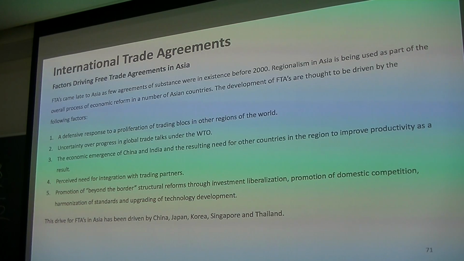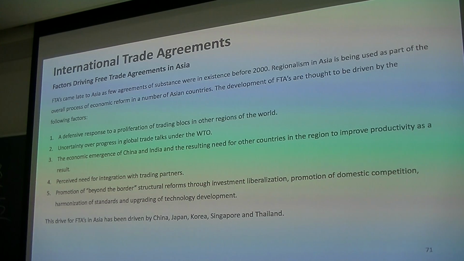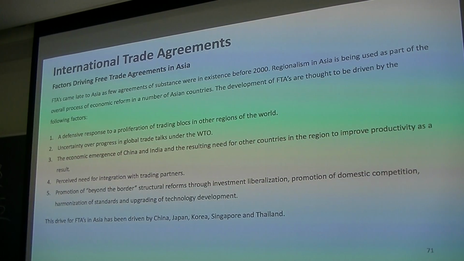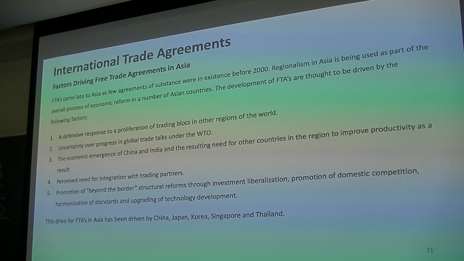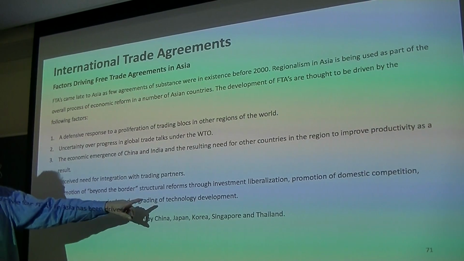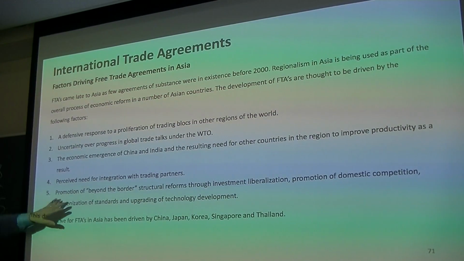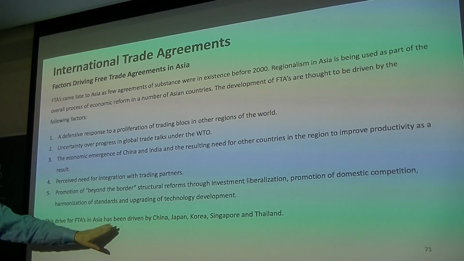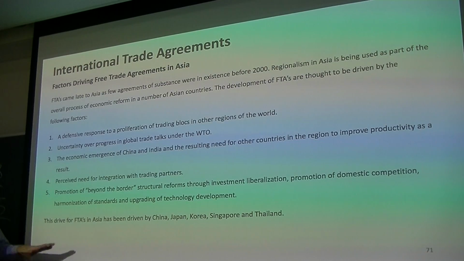Certainly, there is a perceived need for integration with trading partners within Asia. And also, structural reforms have been put in place. There are efforts throughout the Asia region for investment liberalization, domestic competition, harmonization of standards, and upgrading technology development, and you're seeing all of that within countries in Asia.